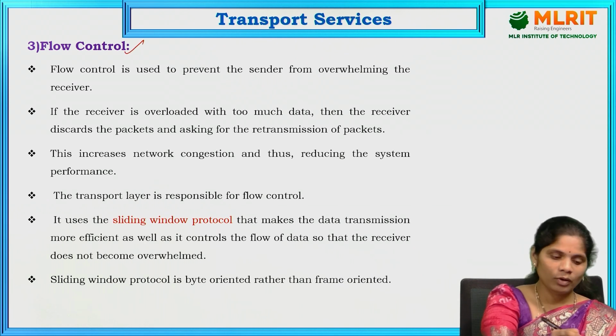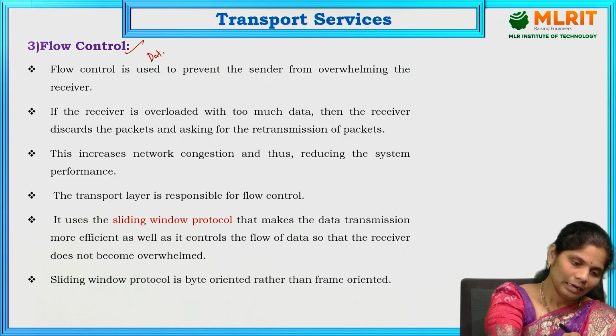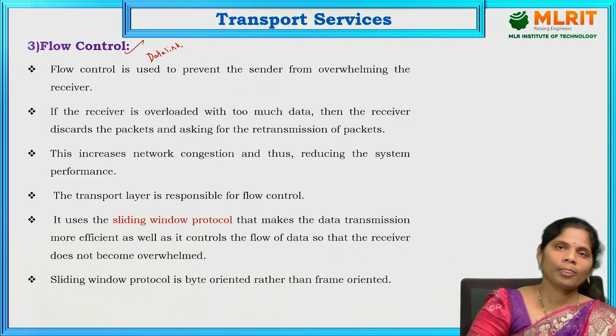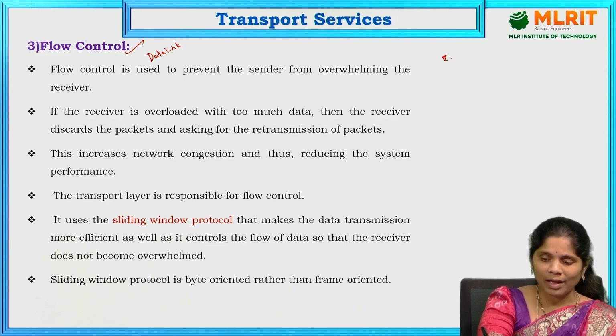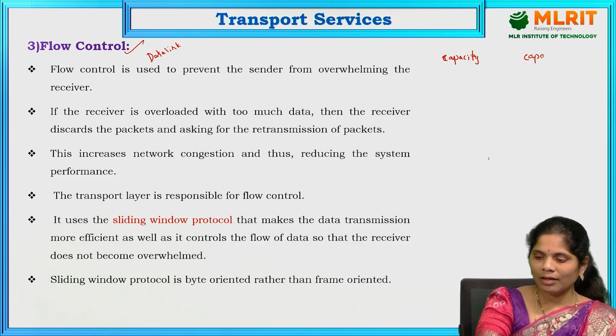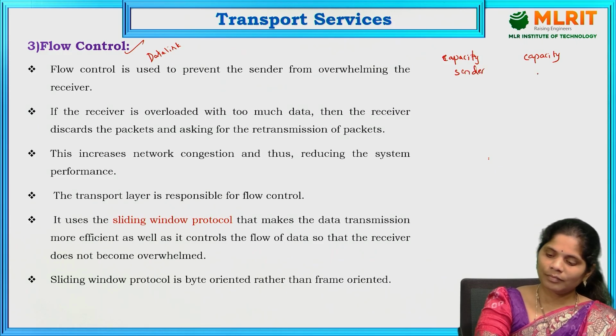This flow control we already discussed in the data link layer also. What is the meaning of flow control here? We are talking about the capacity of the sender and the capacity of the receiver. Here is the sender, here is the receiver.